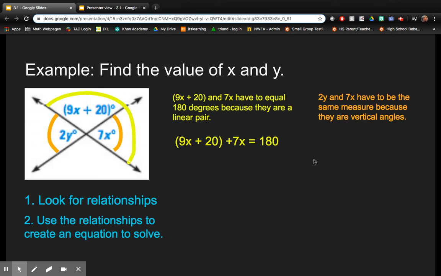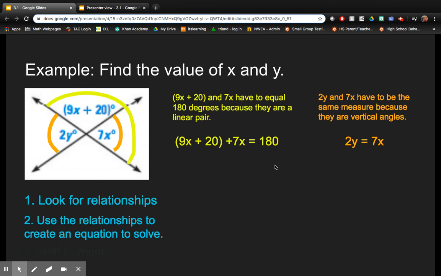Then I'll look at my other relationship, 2y and 7x. And we've said they have to have the same measure, meaning we could just set them equal to each other. This one's a little more challenging to solve because it has two variables in it. So I'm going to solve my equation with one variable and use that solution to find this guy. I'll show you what I mean.